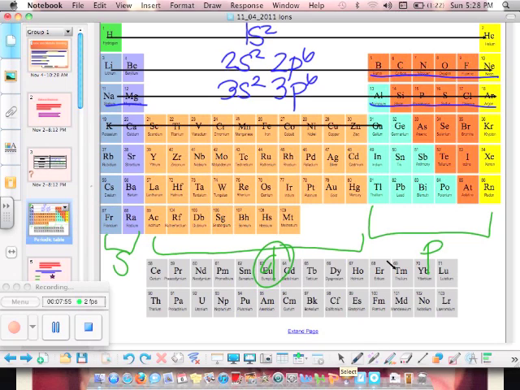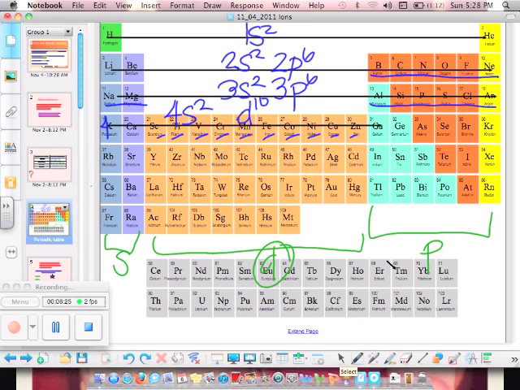And now I need to jump down to row 4. So since I'm in row 4, I know that gives me 4s2. And now I have these d orbitals. So I know I'm at d, and I've hit 1, 2, 3, 4, 5, 6, 7, 8, 9, 10. So I know I'm at d10. But because we are at a d orbital, what's the rule once I hit the transition metals?